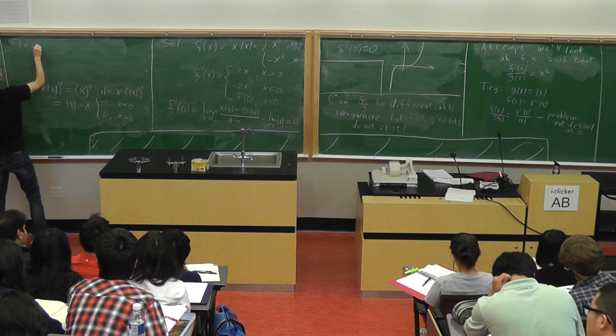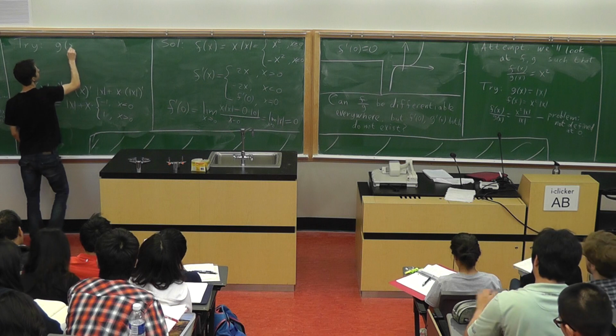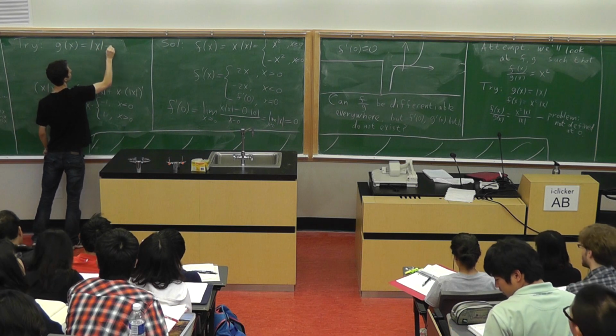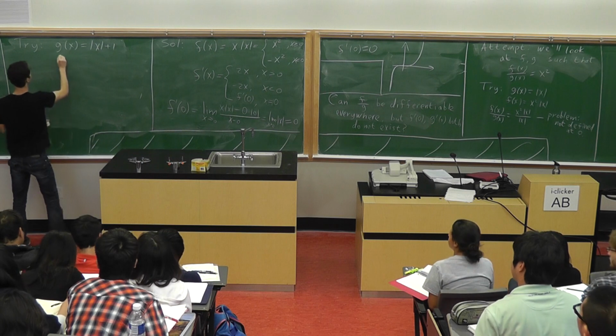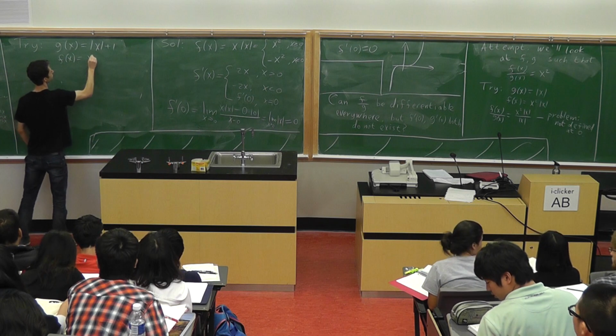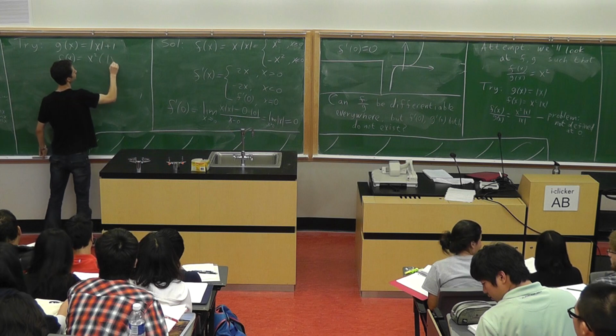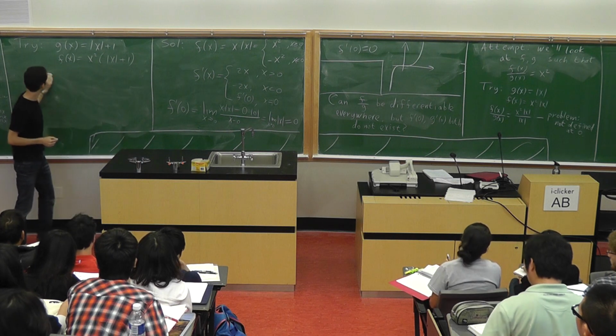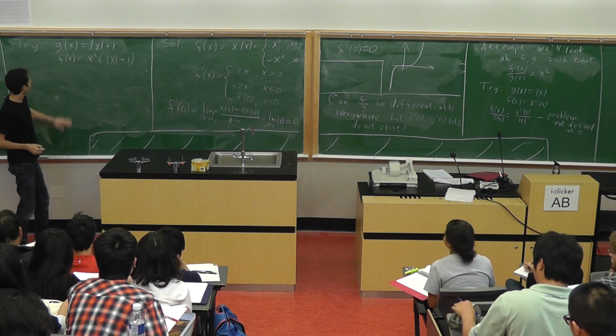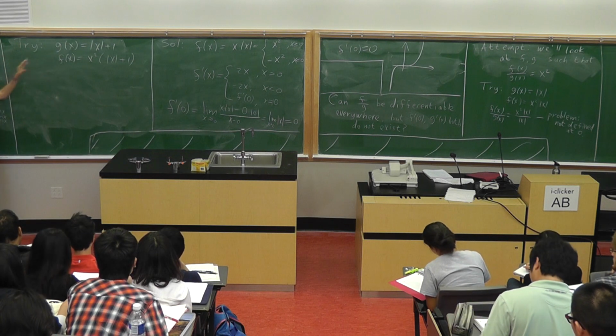Let's try g of x is absolute value of x plus 1. Then f of x is x squared times absolute value of x plus 1. Okay, now it looks much better.